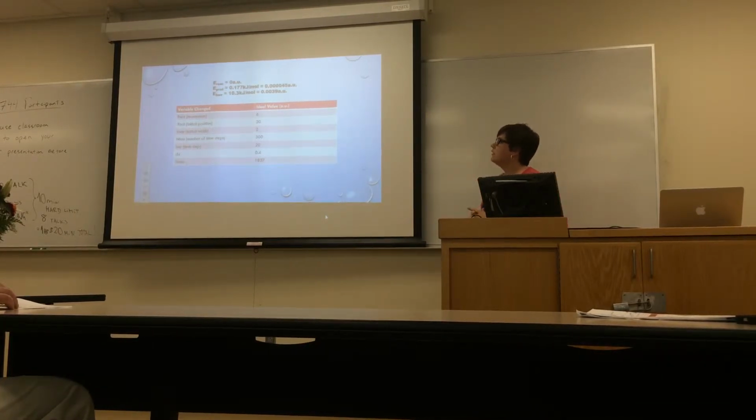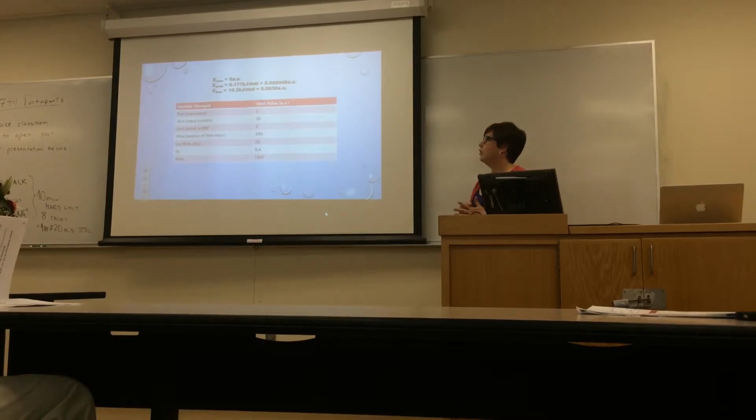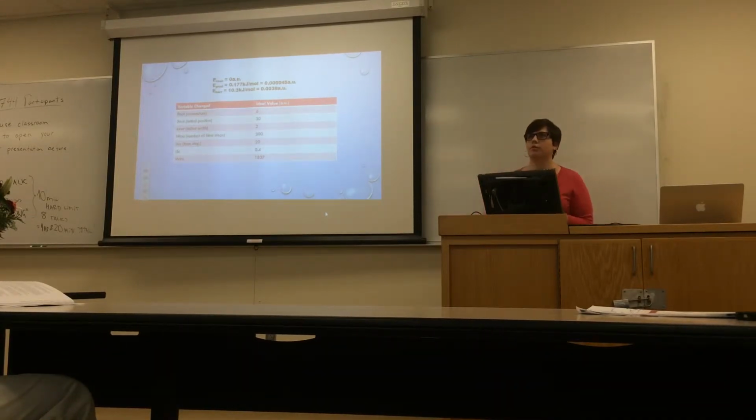And then this table shows some of the ideal values for this reaction. A momentum of 6 was ideal because once I went above 6, the probability of transfer to oxygen started to decrease. It started to go off, and I can explain that later.